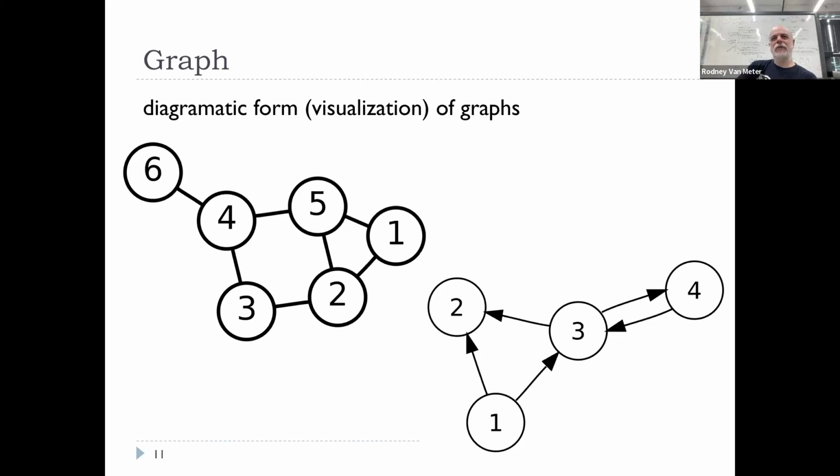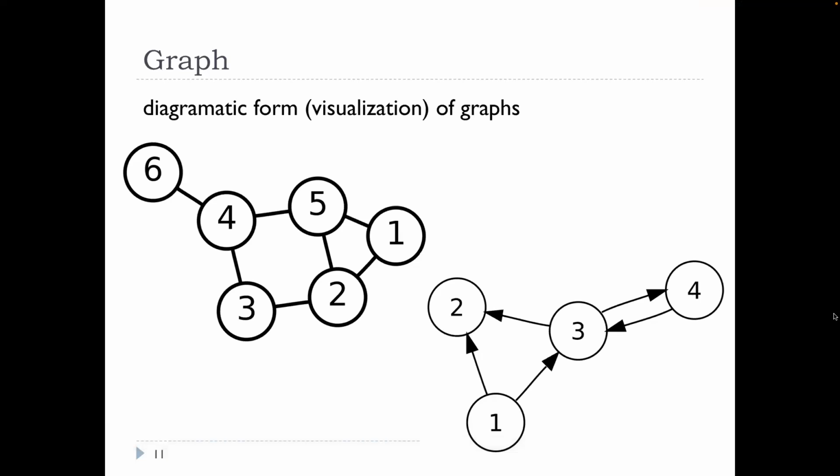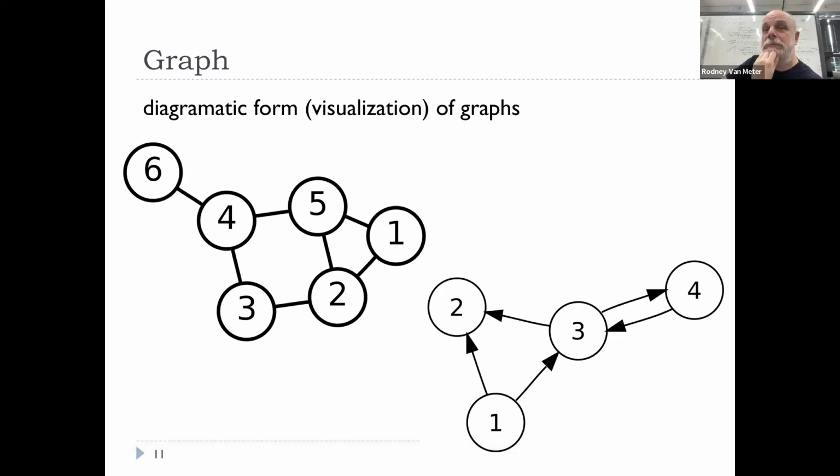What do you see as the difference between the one on the left and the one on the right? Mordishta, what's the difference between the one on the left and the one on the right? Different? Yeah. The left one doesn't have arrows.